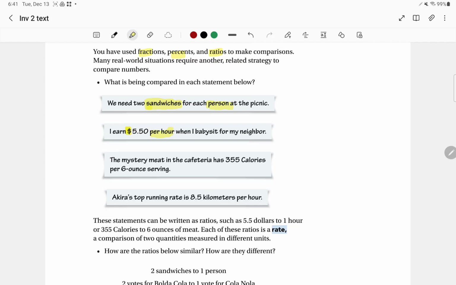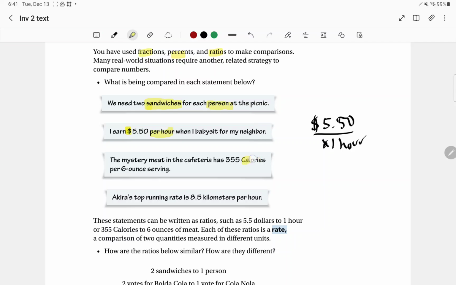So again, you'd be able to set up ratios for all of these. So for that first one, your ratio would look like this. It would be how much you're making, that's $5.50, over how many hours, so this is in 1 hour. And the third one, mystery meat in the cafeteria has 355 calories per 6-ounce servings.